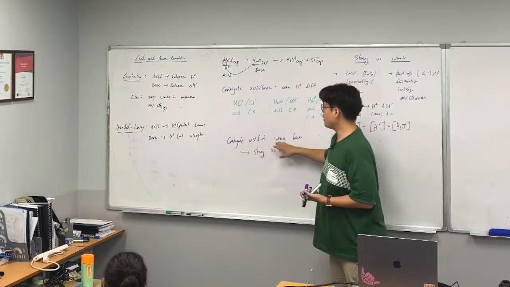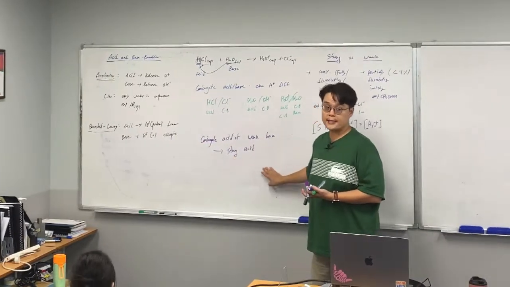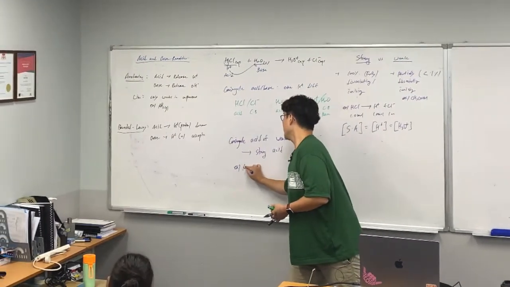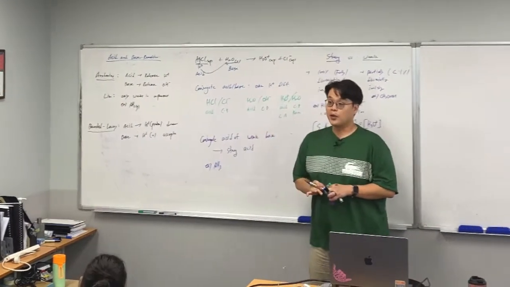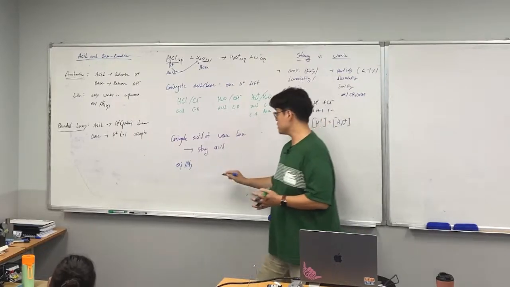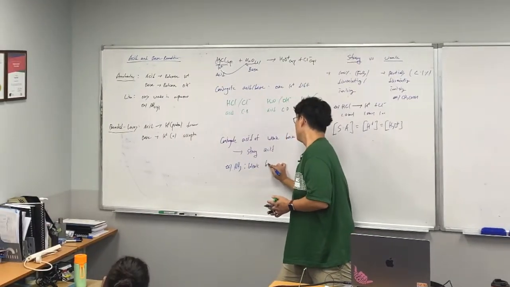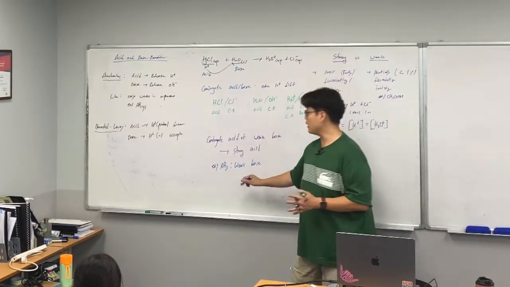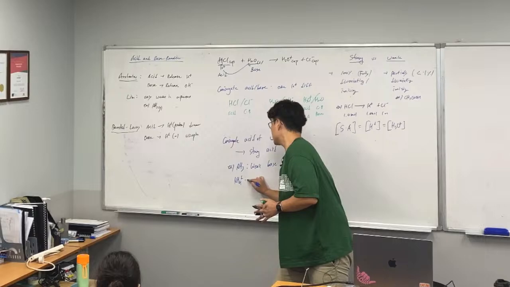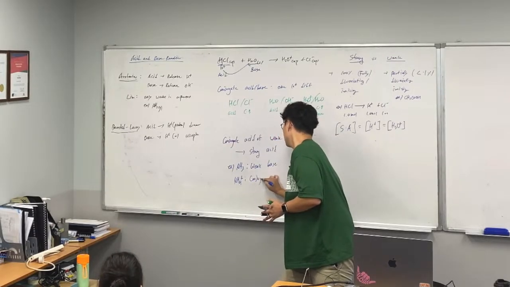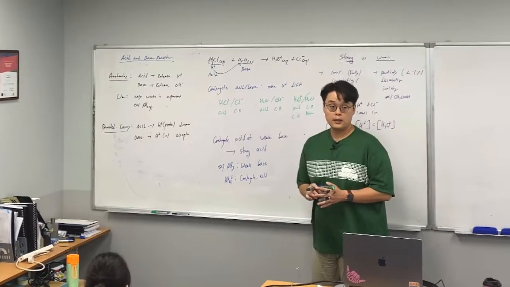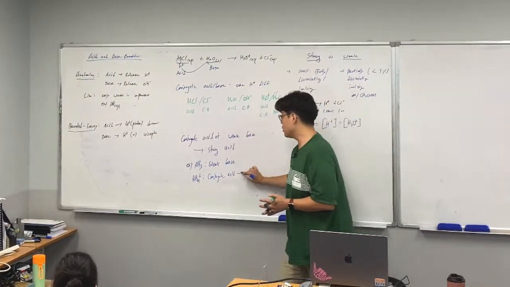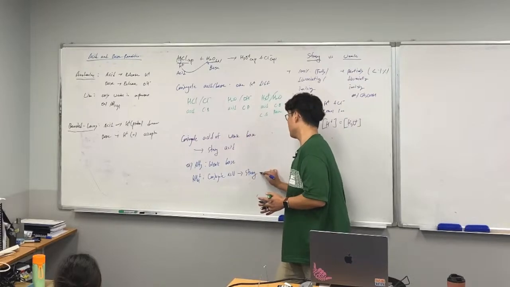The conjugate acid of the weak base is known as a strong acid. Let's think about what I mean here. An example is NH3. Ammonia is a weak base. Then what would be the conjugate acid of this weak base? NH4 plus, having one more hydrogen. So when we have the conjugate acid of the weak base, we take that as working as a strong acid.